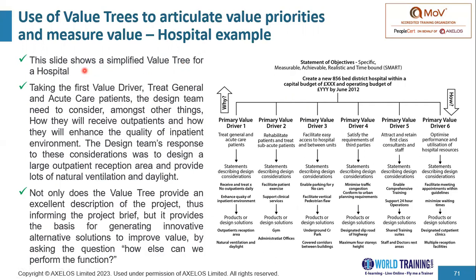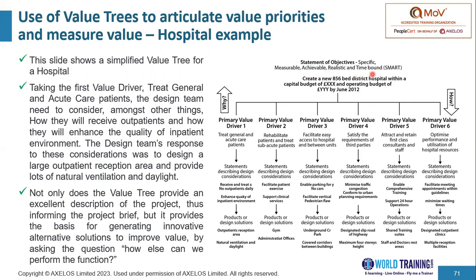So let's say the investment is about creating a new 856-bed district hospital within a capital budget of an XYZ amount and operating budget of an XYZ amount by a particular timeline. Always a good idea to have SMART objectives. As in the case of this example, the objectives are specific, measurable, achievable, realistic, and time-bound.